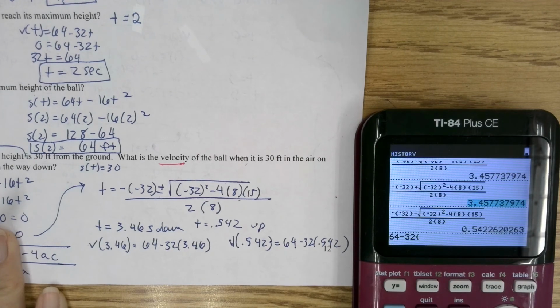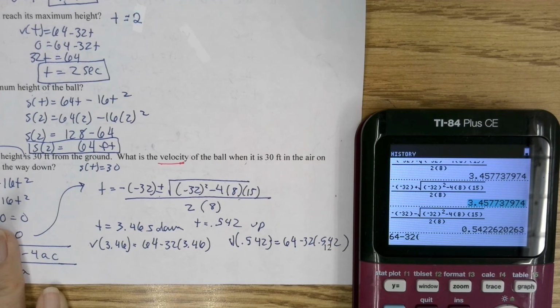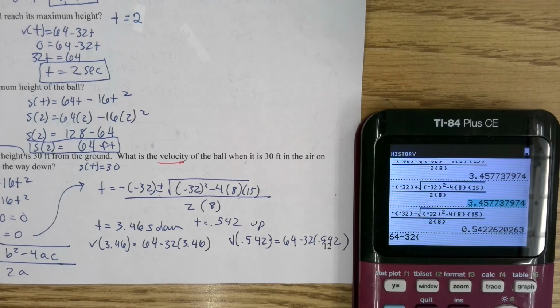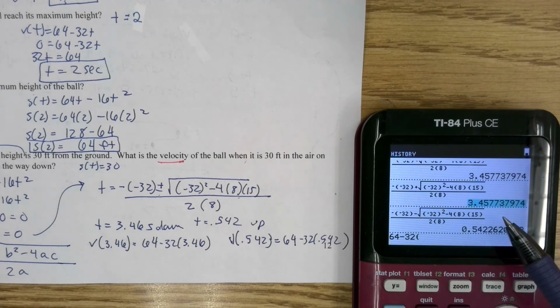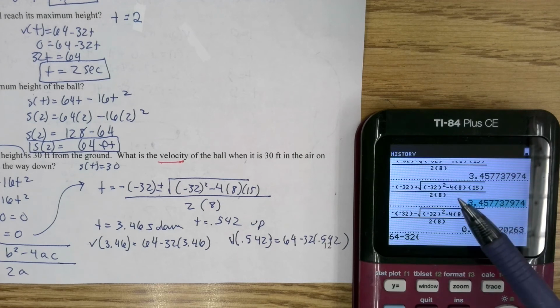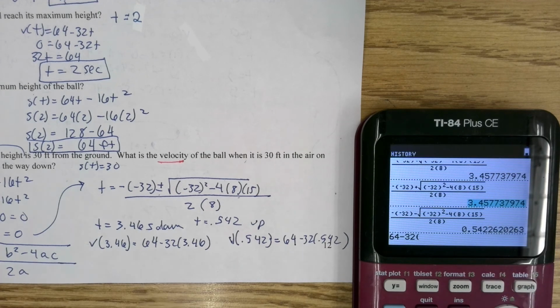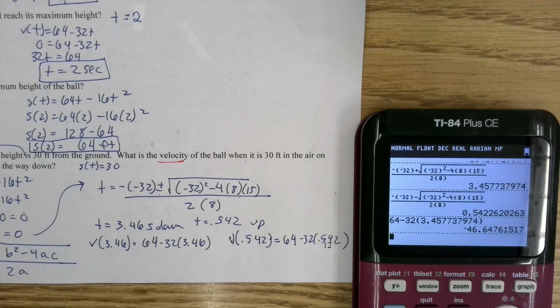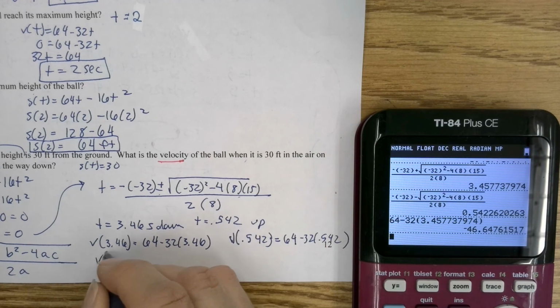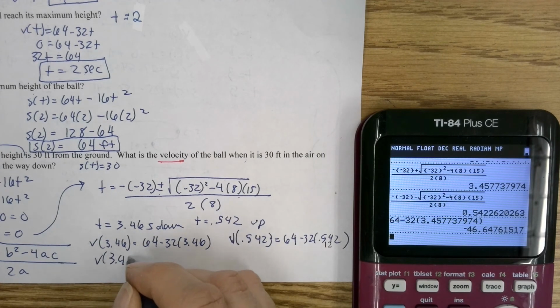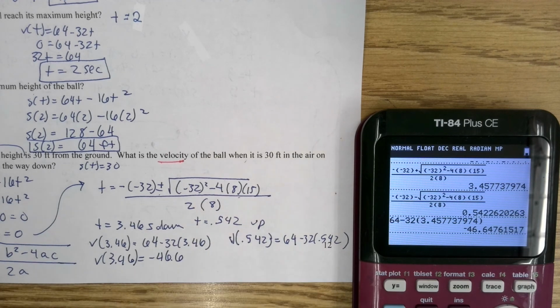If you are an AP student or a calculus honors student, we're going 3 decimal places usually there. And you want to go more than 3 decimal places unless you're going up and grabbing the exact answer in your calculator, which is what I am going to do. So I am left with the velocity at time equals 3.46 is negative 46.6, and that is feet per second.